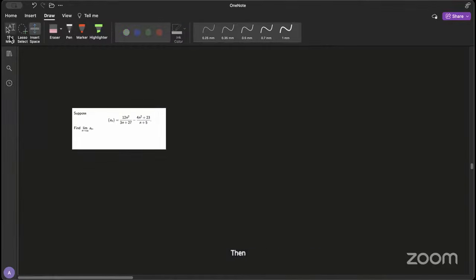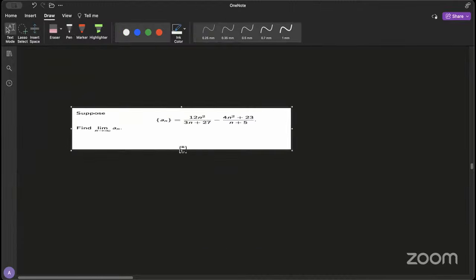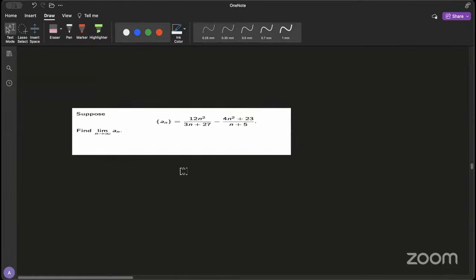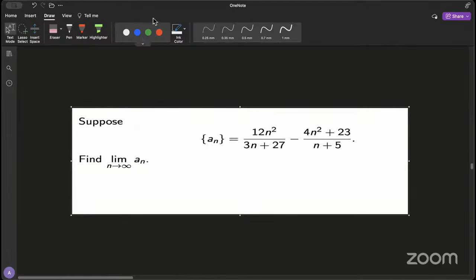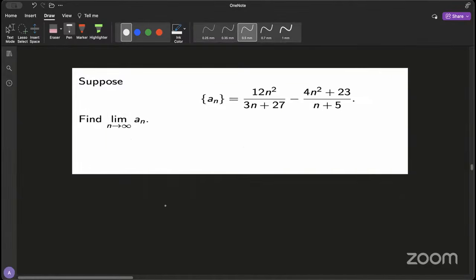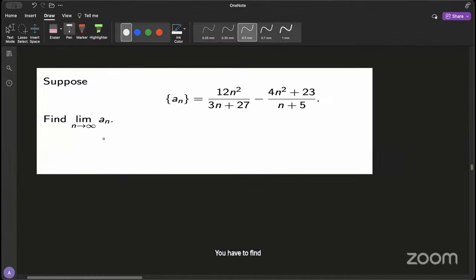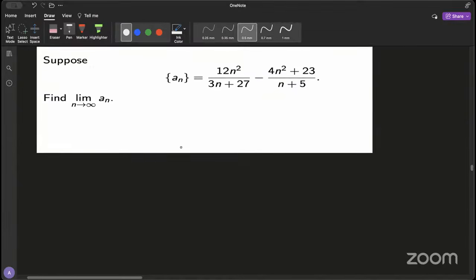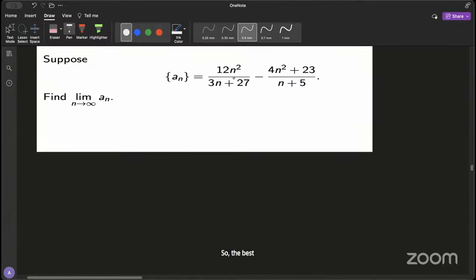Then this is the next example. You have to find the limit of An. So the first thing is we see something common here. This is 12, and this is 3 and 27.